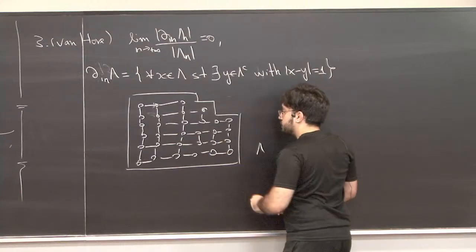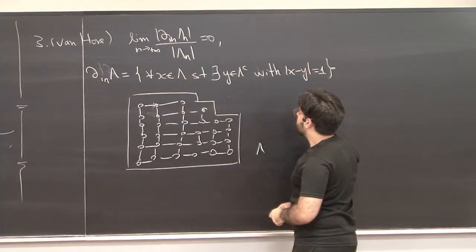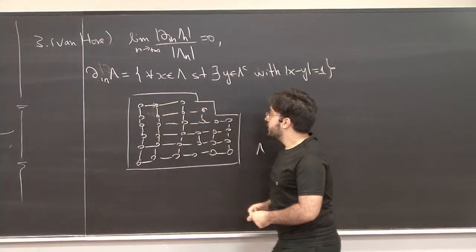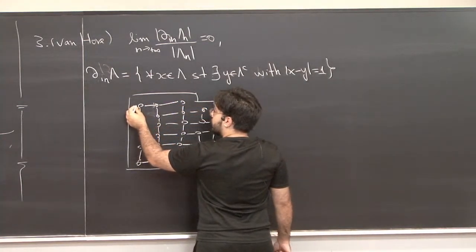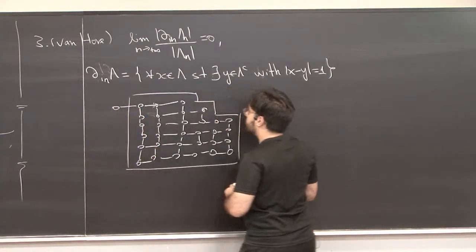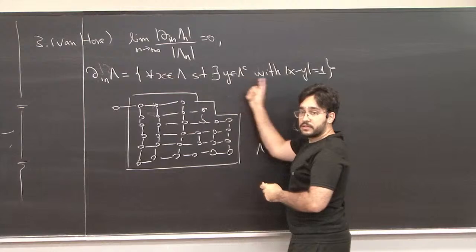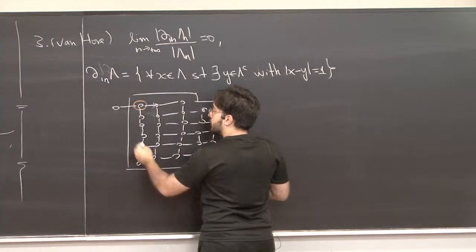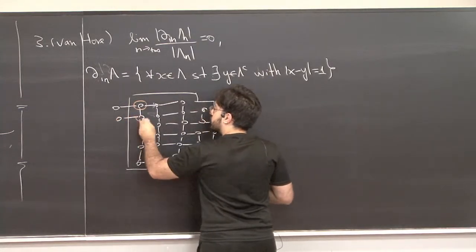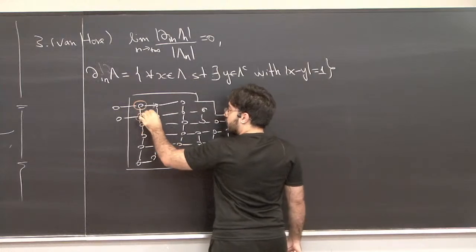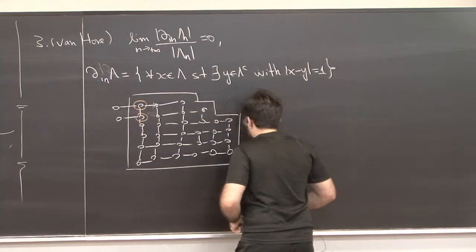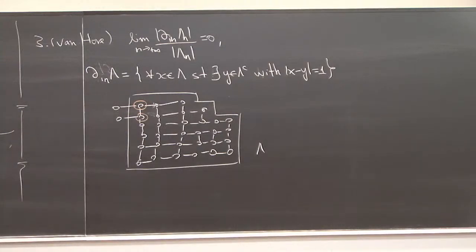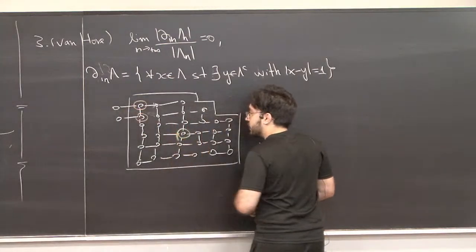In order to be in the boundary, a vertex should have an edge that goes right outside, and this guarantees the existence of a nearest neighbor outside. So this vertex is in the boundary. This one is at the boundary also, and as you can see, this one is not at the boundary.